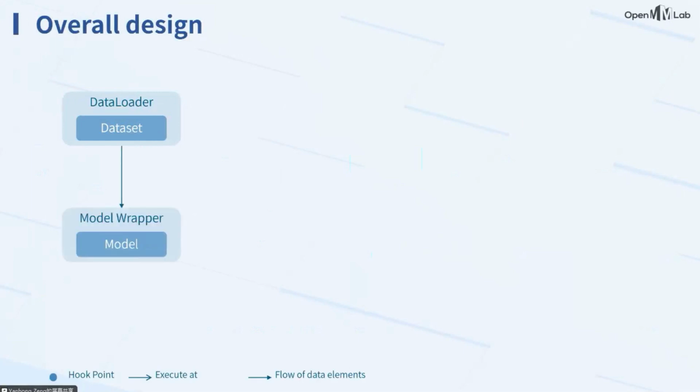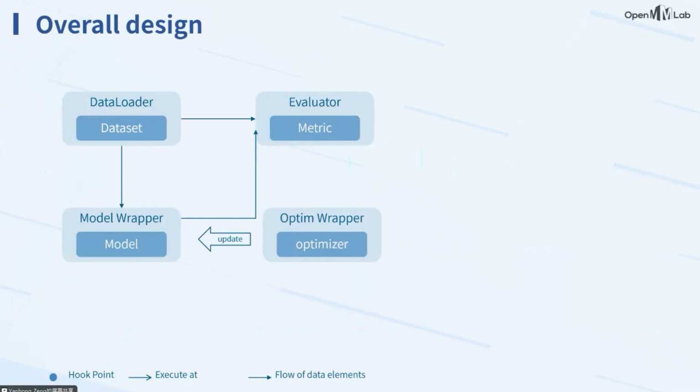And then we need to design our model for our task, and also an evaluator, which can help us save the best performance checkpoint during training. And we also need an optimizer to update the model's parameters, and also a scheduler to adjust the parameters of the optimizer.